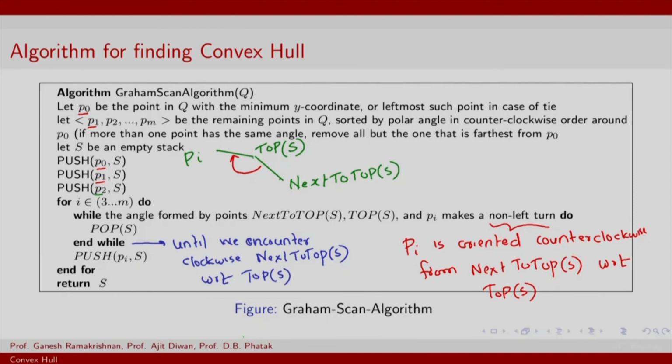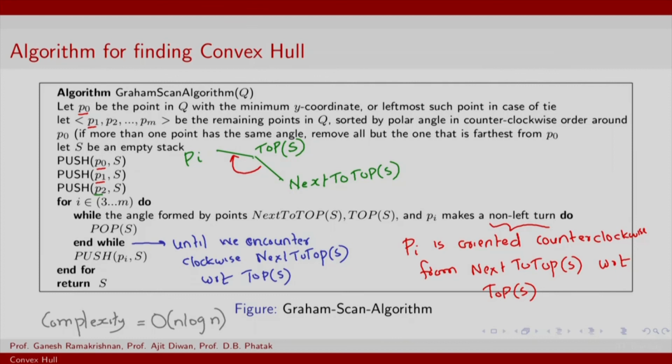The complexity of this algorithm is the complexity of sorting, and that turns out to be n log n. There are other algorithms that give you complexity of the order of n times h, where h is the size of the convex hull.